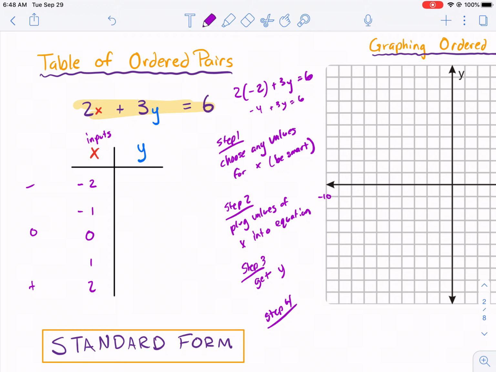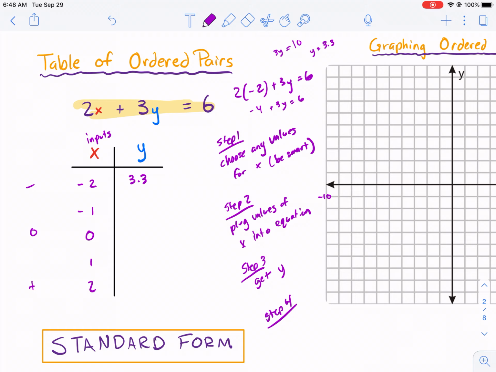We add 4 to both sides. Ooh, we're going to get a nasty number here. So we get 10 equals 3y. We get y equals 10 divided by 3, which is about 3.3. Not a fan of that.